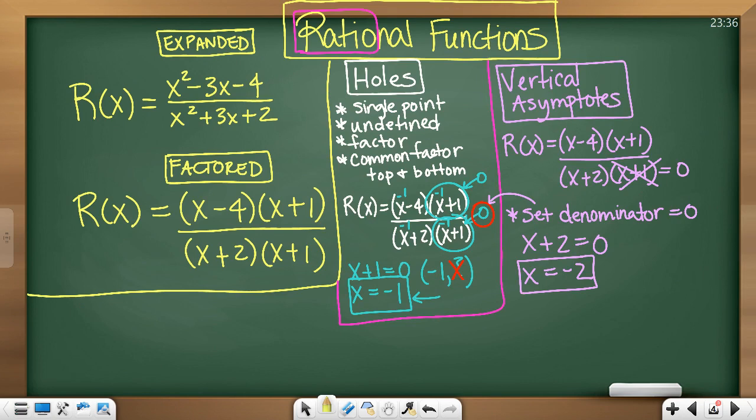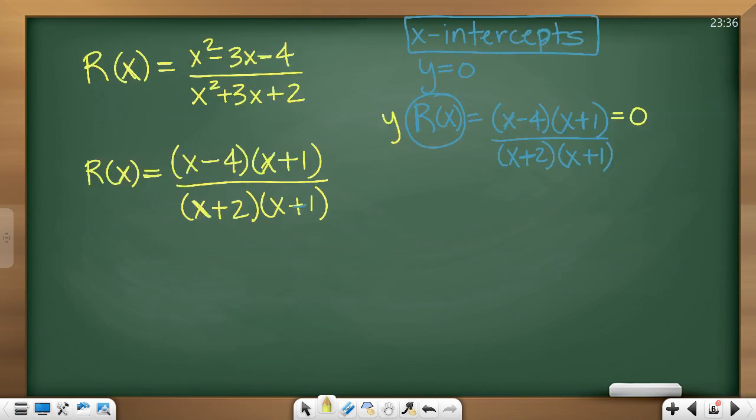A hole cannot be anything else, so I don't deal with this factor. I've already established these two are tied into being holes. So all I'm going to use is the x minus 4. I check where x minus 4 is equal to 0, and that ends up being x equals 4.